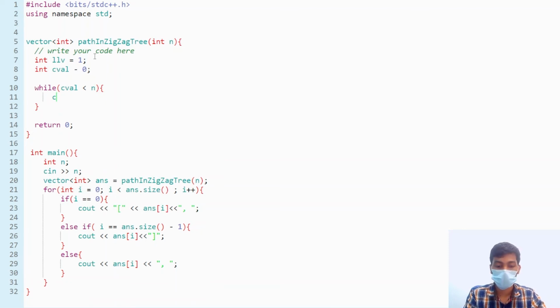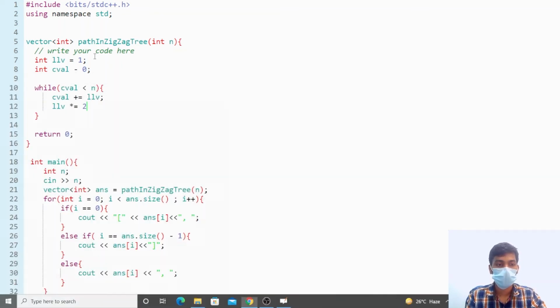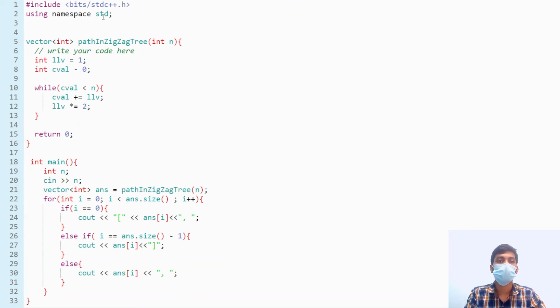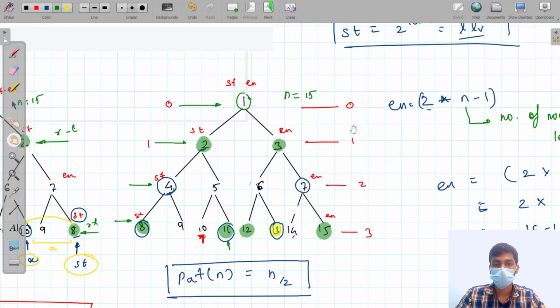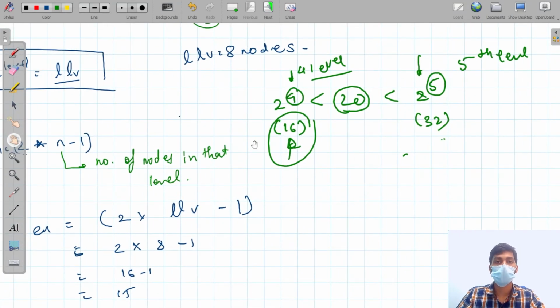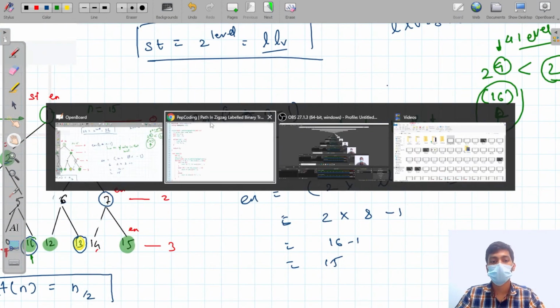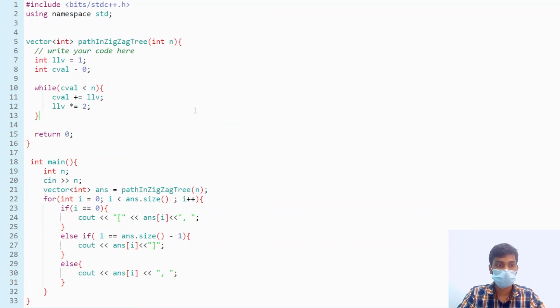Just add the last level value to this current val, and also increase the last level value by 2. That is, what this is doing is nothing but what we did here. That is, we determine the level. We are able to determine in which level this n is going to lie, right? So this is doing this function, right?